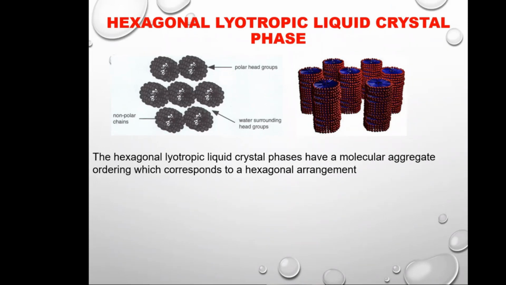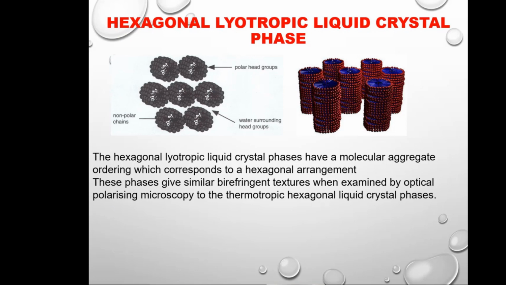How do they look? So the hexagonal lyotropic liquid crystal phase has this arrangement in pillars, I would say. So we have not only the organization of the molecules into such discotic-like structures, but then they tend to organize into the hexagonal arrangement.